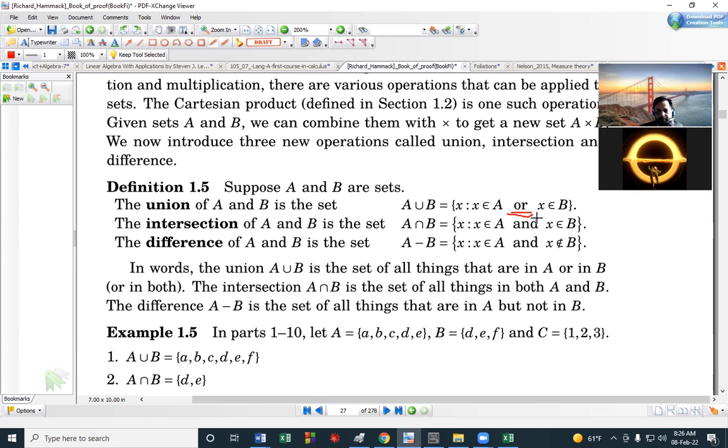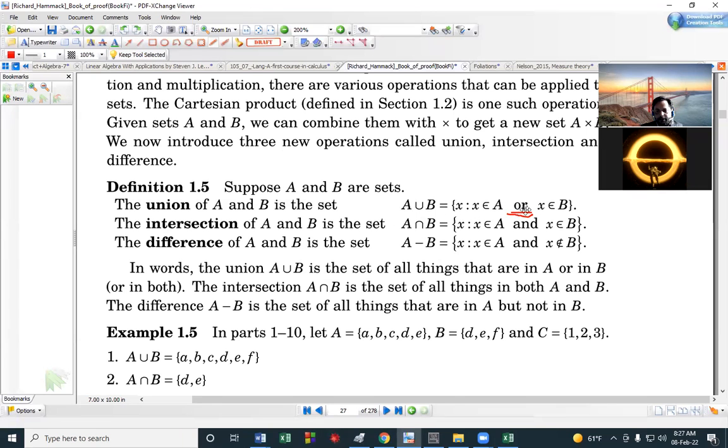Or if an element is an element of the set B, then it is an element of A union B. And the last case, if an element is in both A and in B, that is also in A union B.